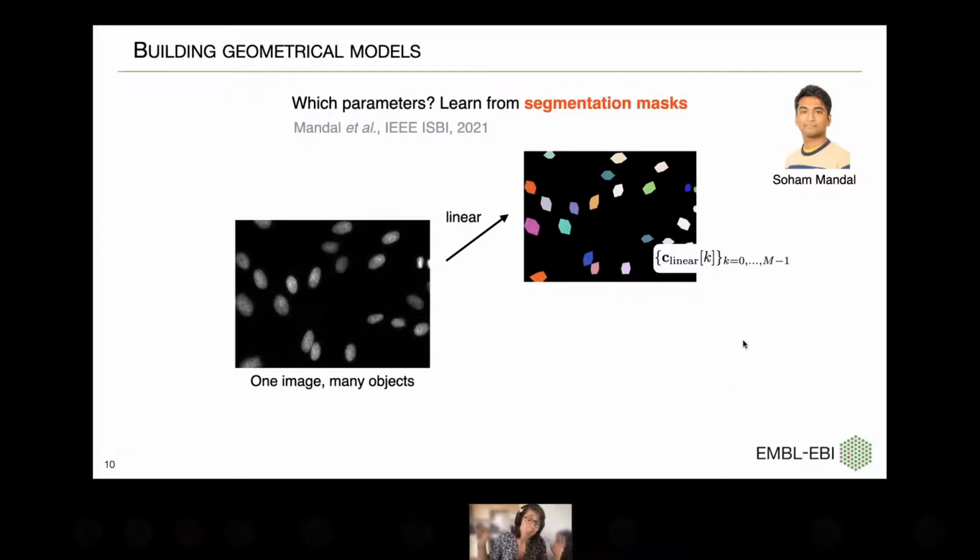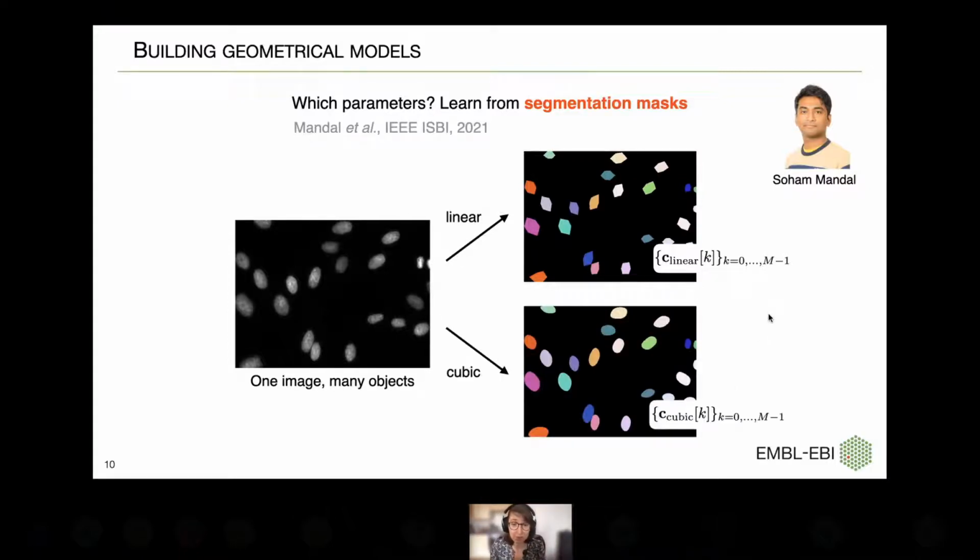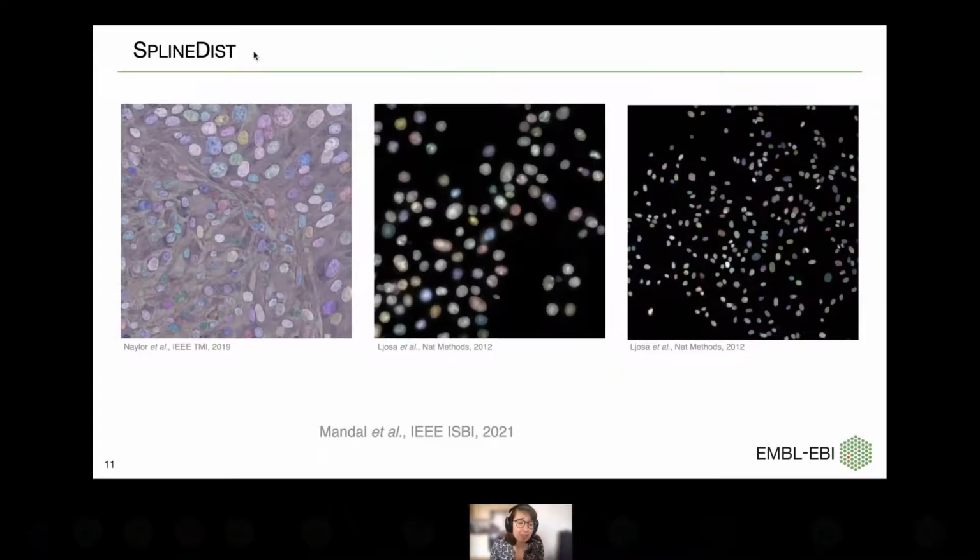Then you can change your mind and say, actually maybe I want something smoother, and it's going to give you the right parameters for this other type of model. So this is the first step towards making this whole geometrical modeling approach more user-friendly and more accessible at a large scale.